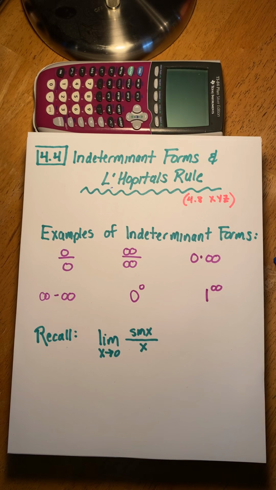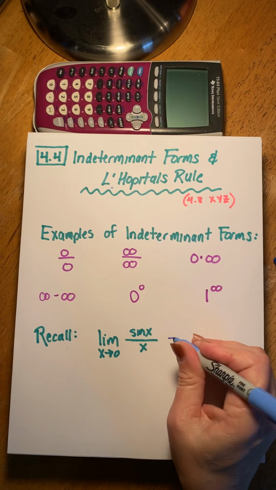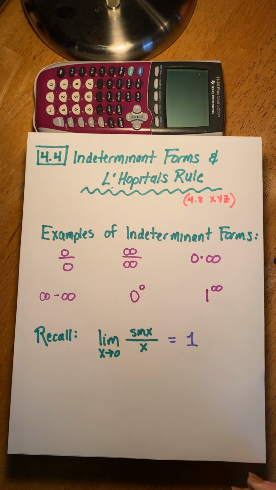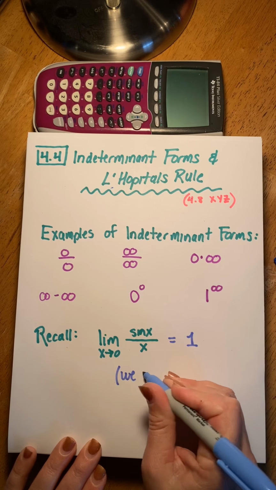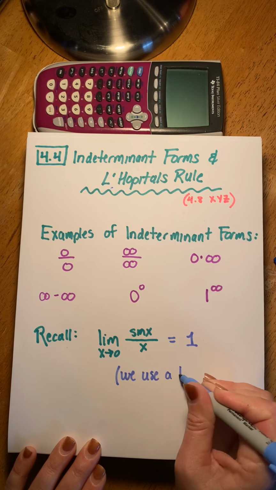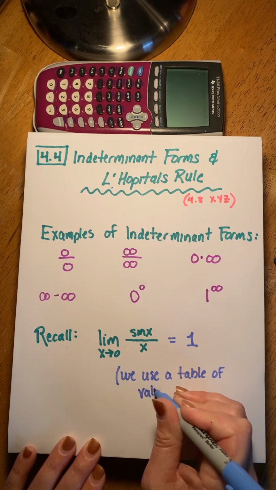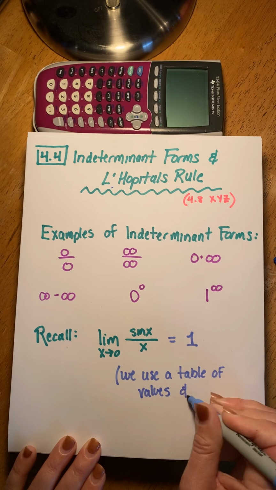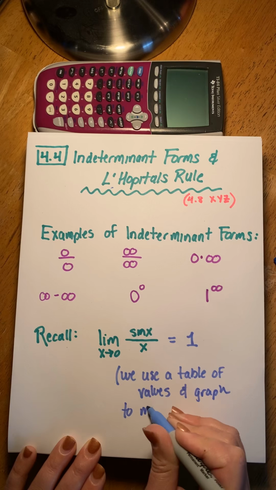So let's do that. Let's remember from our very first conversation on limits, we found the limit as x went to 0 to be 1. We did this using a table of values and the graph of this to make this conclusion.